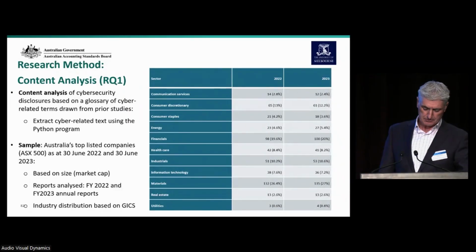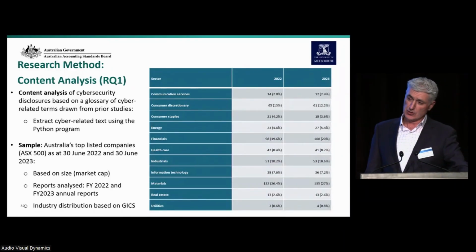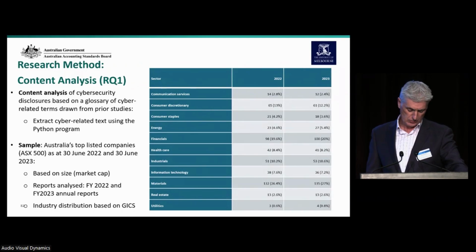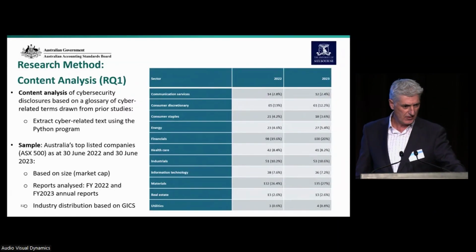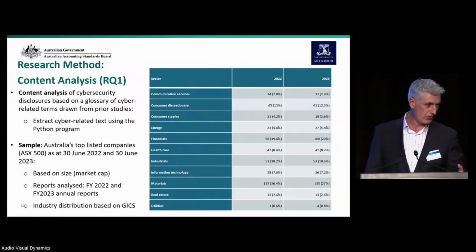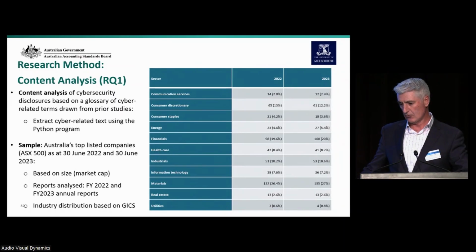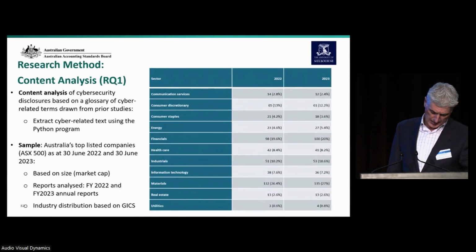their annual reports. While that was going on, we also developed a glossary of cyber-related words or terms informed by prior literature. Our glossary contains 38 distinct words, and any words which were a derivative were treated as the same word. So, for example, data breach or breaches were just treated as the same word. In the report itself, there's an appendix which contains a list of those words, but I'm happy to provide them to anyone who's interested.